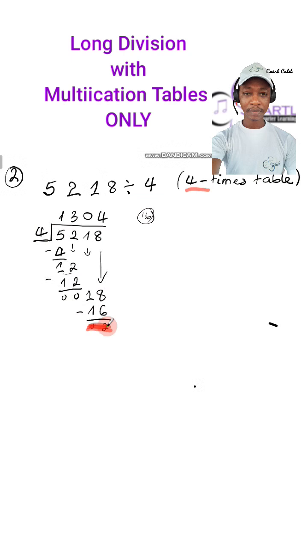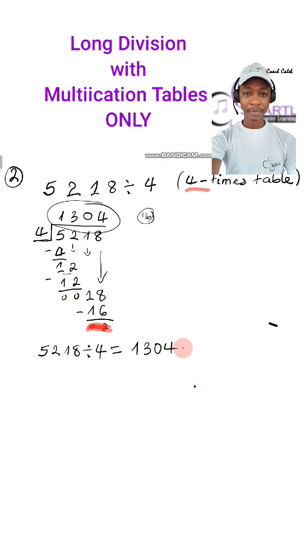So this is how we write this answer. Therefore, 5,218 divided by 4 is equal to, this is our answer here, remember, 1,304.